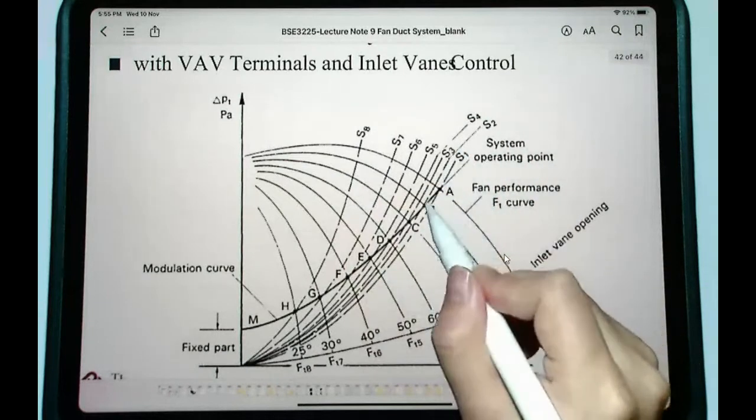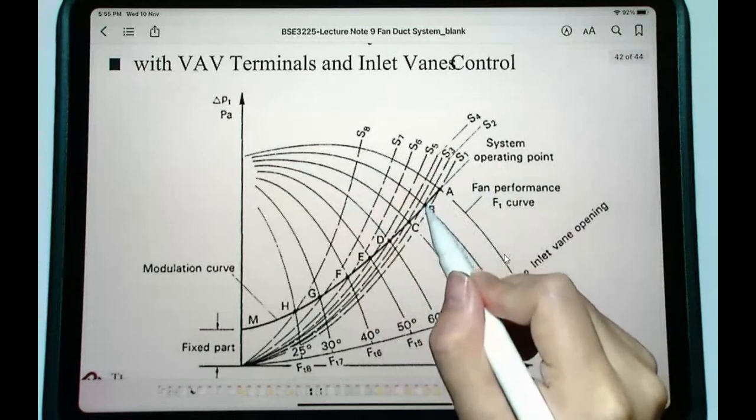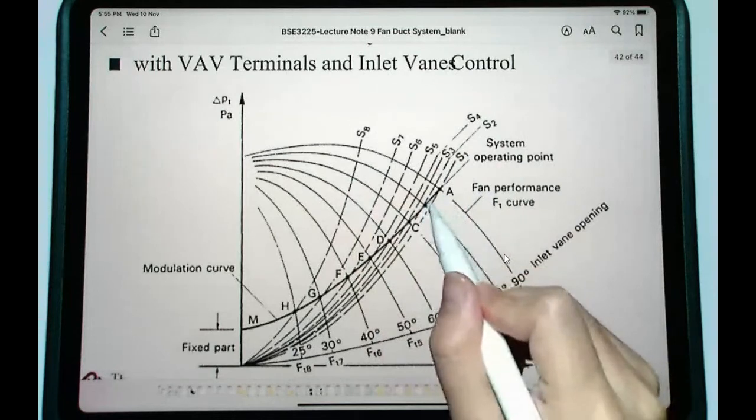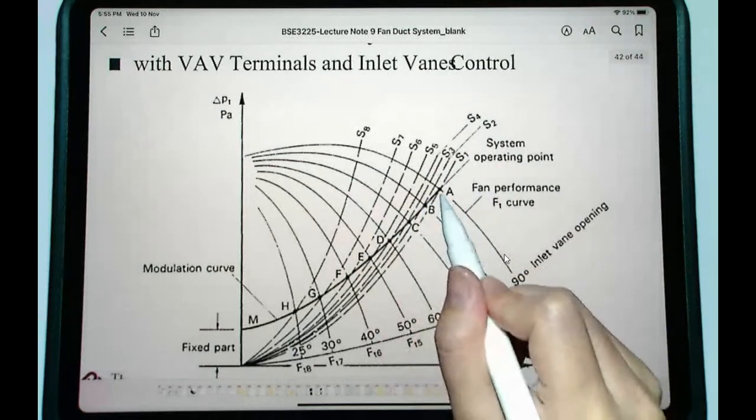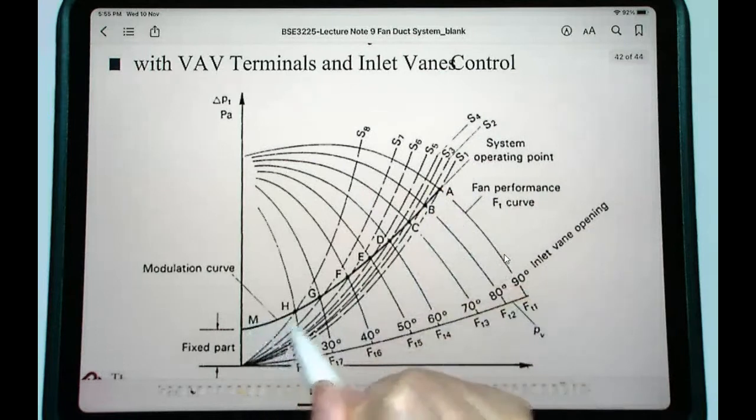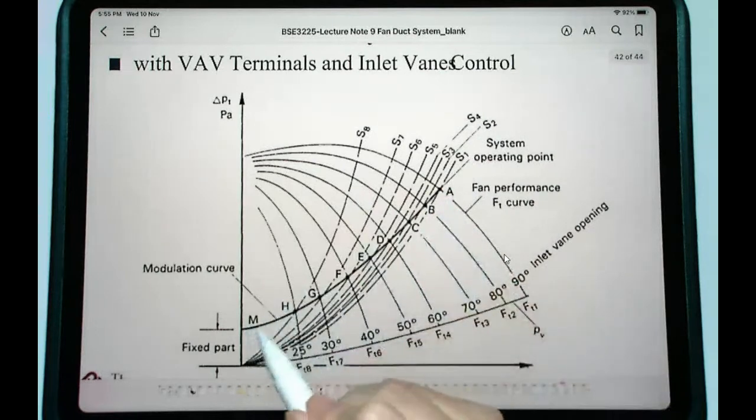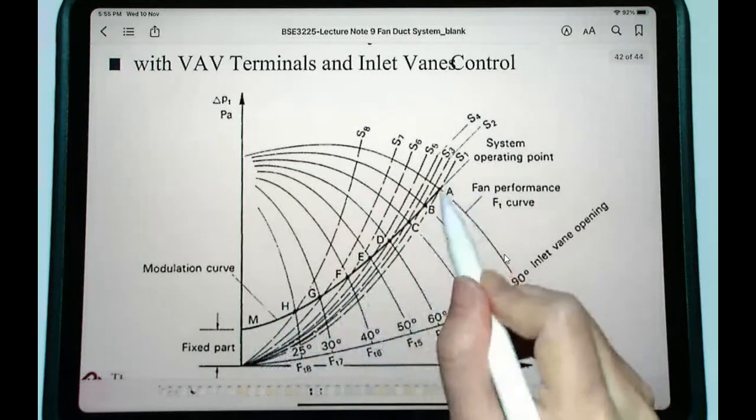So our operating point will change to point B. Similarly, we can form point A until point M, and this will form the modulation curve.